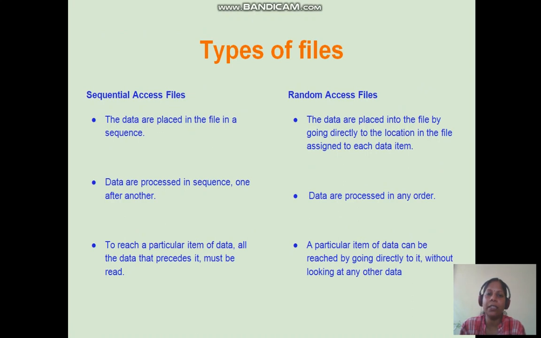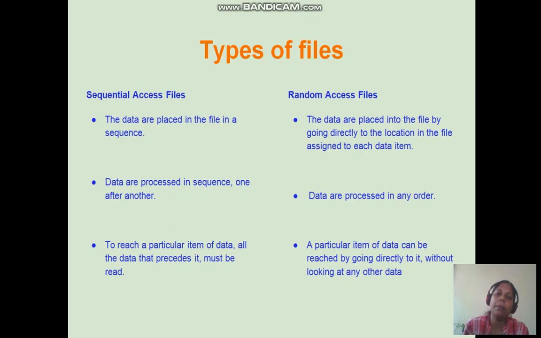To start with, we should learn about two types of file. One is sequential file and the other is random access file. In sequential file, as the name implies, the data are placed in the file in a sequential manner and the data are processed in sequence one after the other.